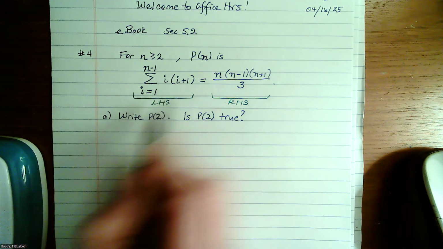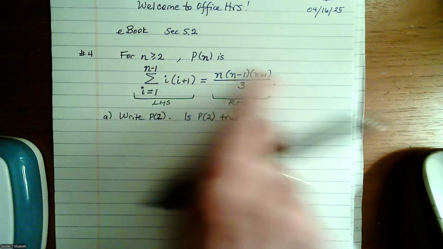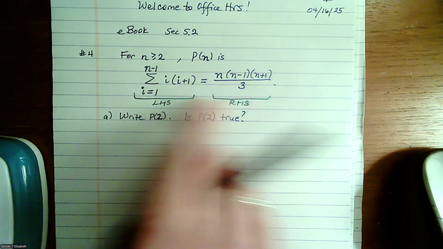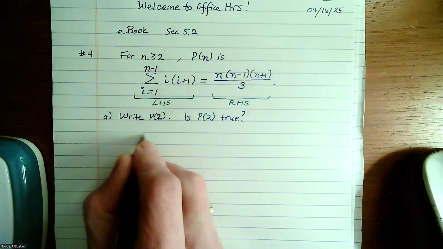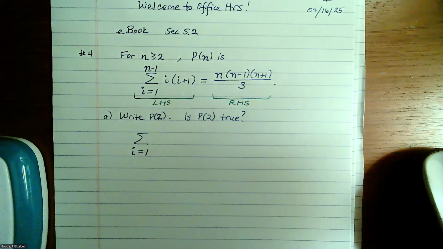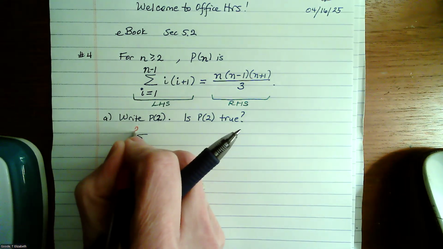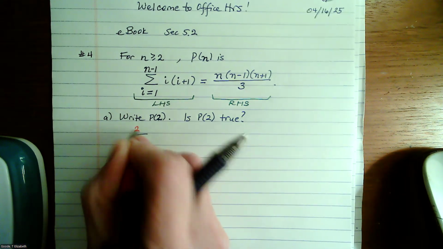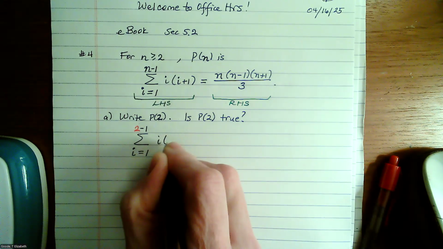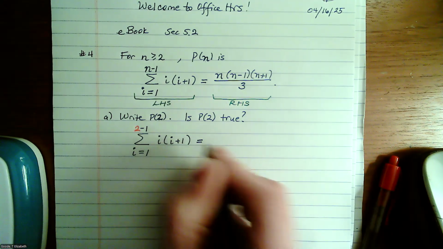All right, so P of 2, if we just wrote P of 2, it just means this whole statement. It is an equation, it is a formula, it is a statement. P of 2 would be the sum from i equals 1, I'll put it in red, the 2, to an upper limit of 2 minus 1 of the expression i times i plus 1 is equal to.